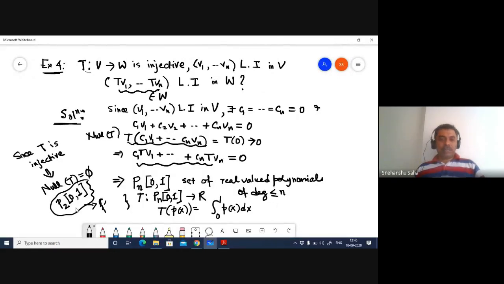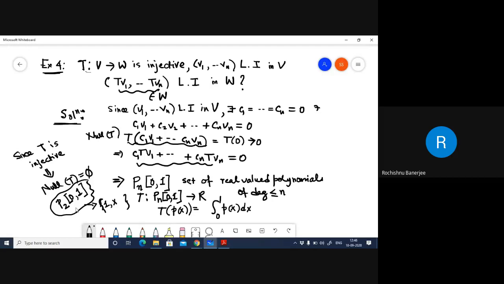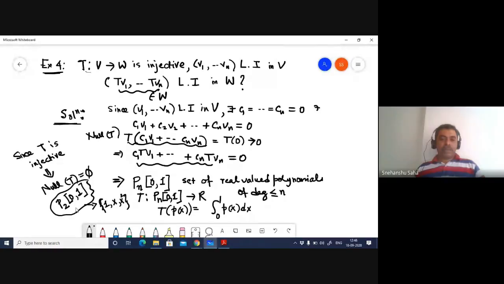Can I say, sir, 1, x minus half, x minus half whole squared? The most standard basis vectors would be 1, x and x squared. You need just these 3 basis vectors to construct any polynomial up to degree 2, right? You can cook up any combination.